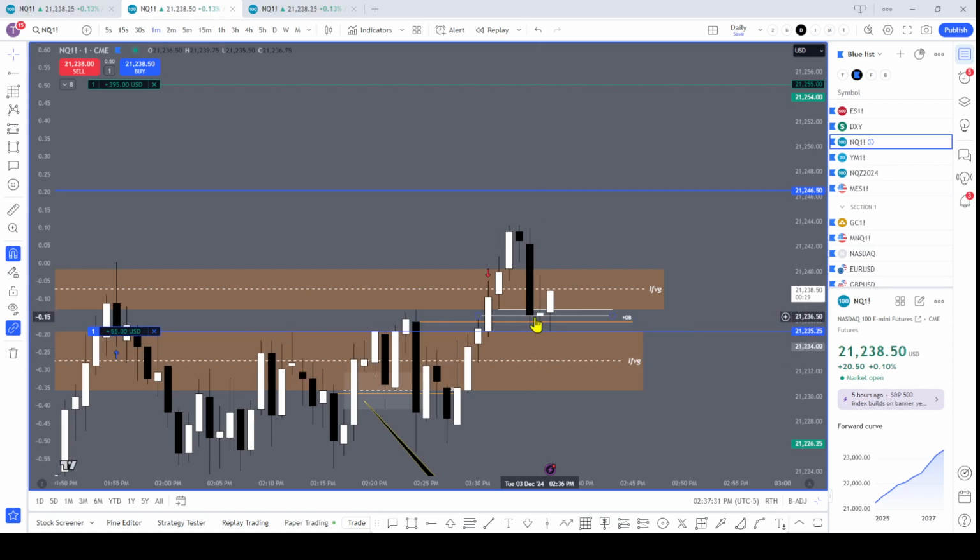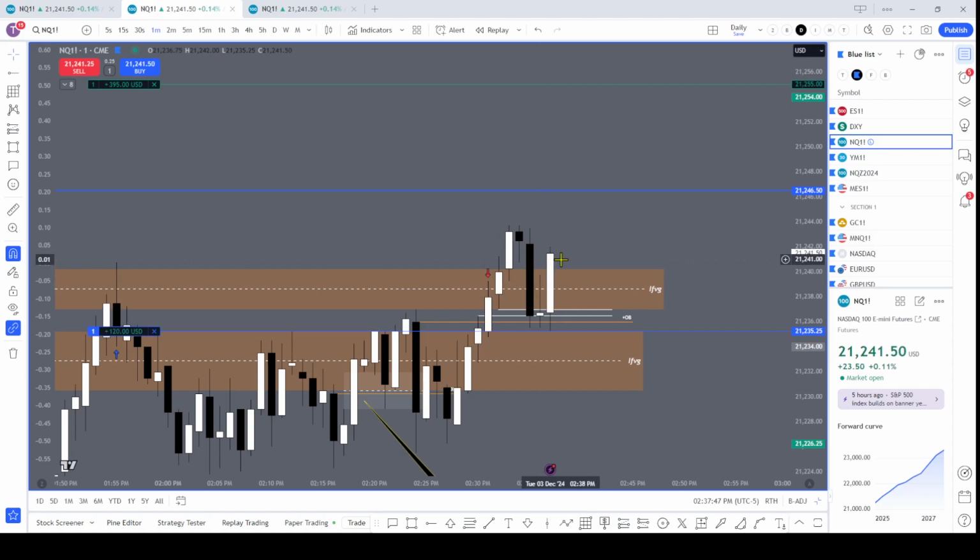Looking at these bodies, came down and touched the high of this lower inversion fair value gap. We got a bearish SIBI here, down close SIBI.